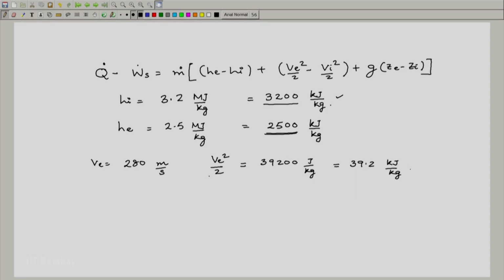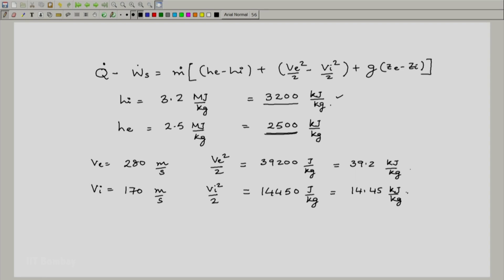And Vi is also reasonably high, around 170 meters per second, so Vi squared by 2 is around 14.45 kilojoule per kg. This is significant. Any number reasonably above 1 kilojoule per kg, we will consider significant.